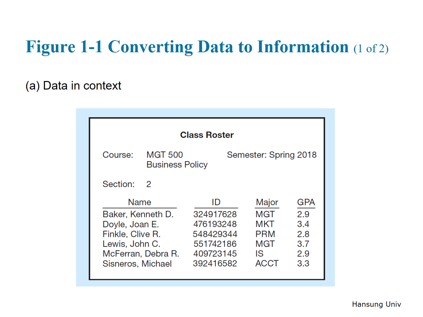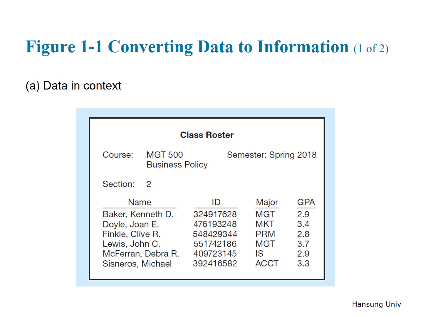You can see Figure 1-1, converting data to information. A. Data in context. The class roster, course MGT 500. The course name Business Policy. Semester Spring 2018. Section 2. There are name, ID, major, and GPA.